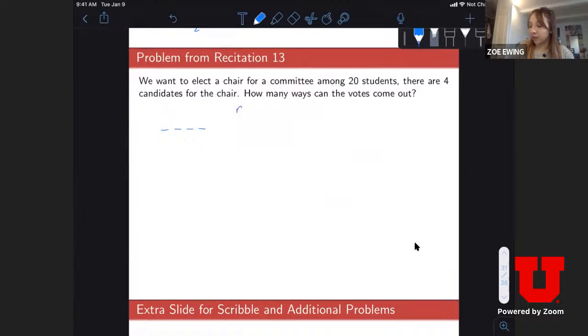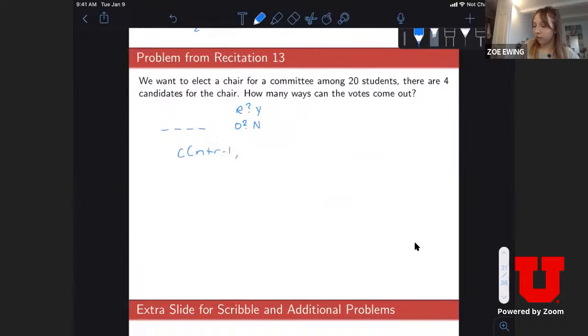So when we're asking for repeats, we're saying, can 2 candidates get the same number of votes? Yes, exactly. We can treat it like a choose fruit problem or a bag problem. So repeats are allowed and order doesn't matter, which is why we can use the bag problem.